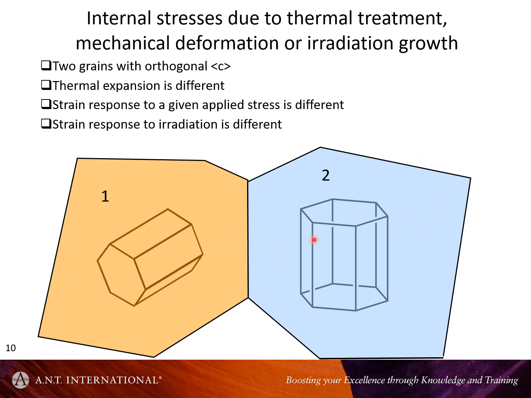So if we consider two crystals which are both joined along a grain boundary, what happens when we change the different conditions that are imposed on the component?